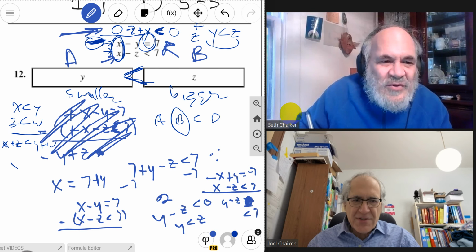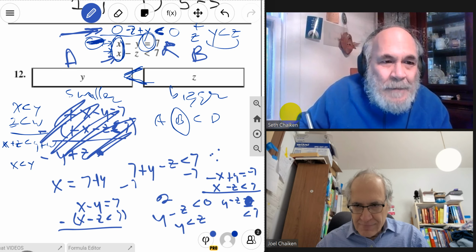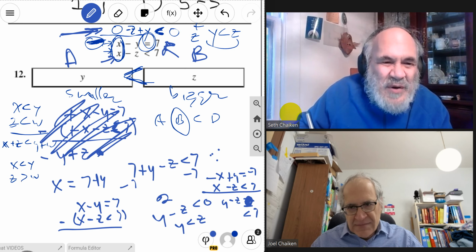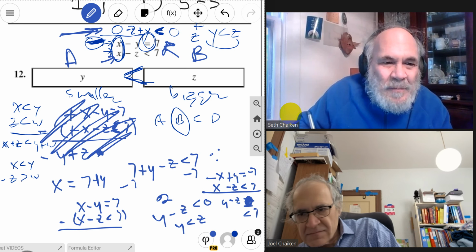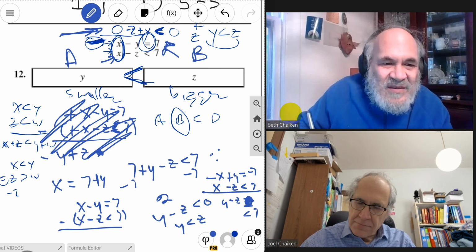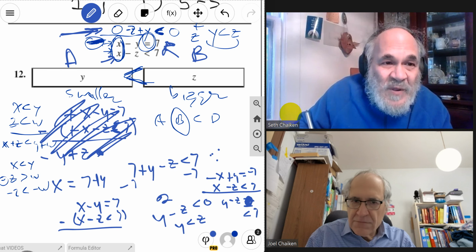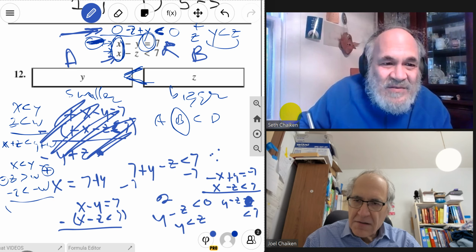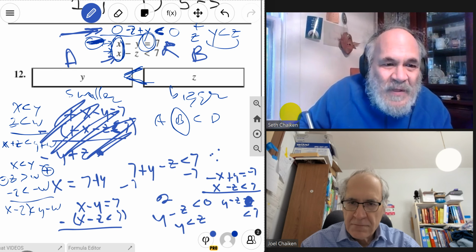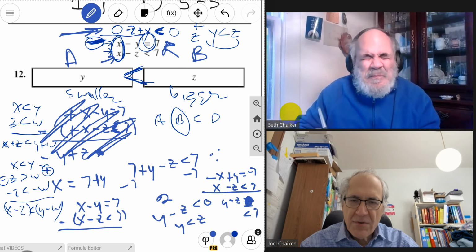The only thing is, if you have x less than y and z is greater than w, you can't. But what you could do is multiply this one by -1, and you get minus z is less than minus w. Then you can take these two and add them, and get x minus z is less than y minus w. Okay, so that's good.